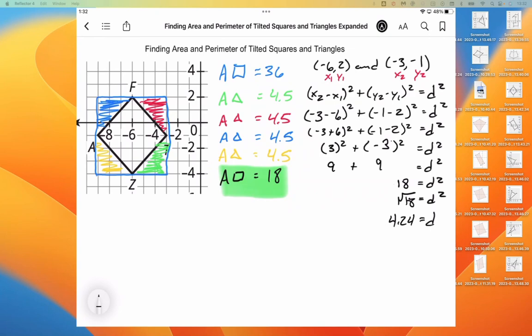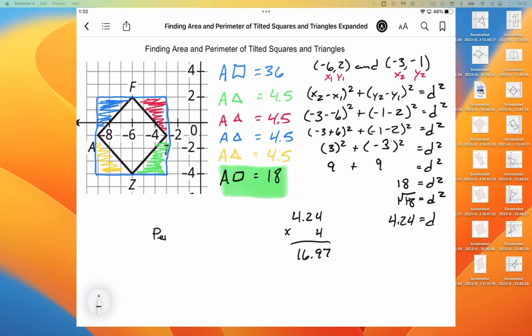So that's the length of one side. We have a square, so we need it 4 times. 4.24 times 4 is going to be 16.97.